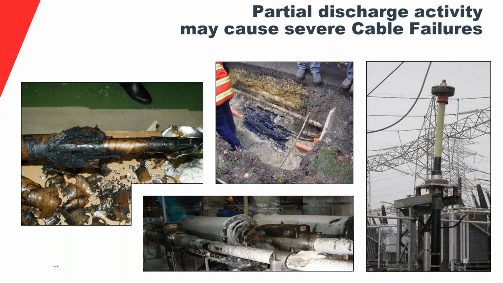But you see all the white byproduct, and this took forever to clean up. Then on the top in the middle, you see a typical medium voltage cable failure. Some splice blew up on an extruded cable, and on the left you see a PILC cable failure. So this is what you get if you just keep the assets going without looking for partial discharge activity.